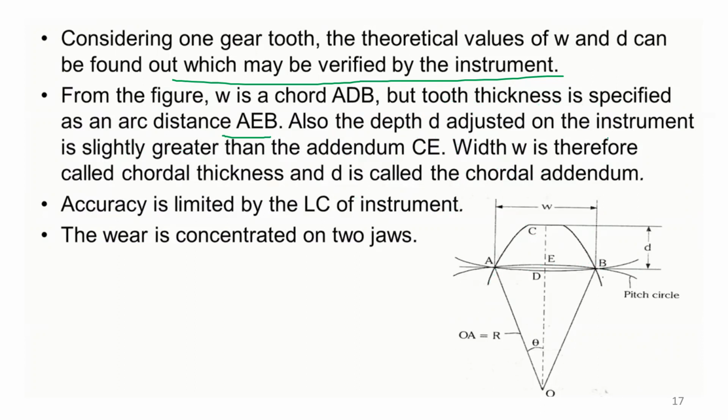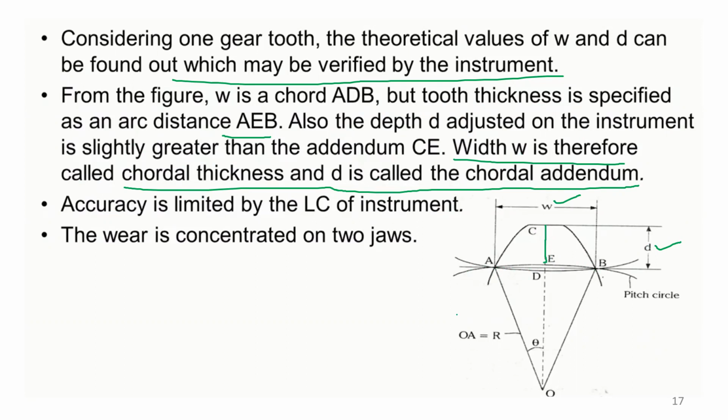Also the depth D adjusted on the instrument is slightly greater than the addendum CE. So this is CE, but whatever measurement you make with the gear tooth vernier calipers is slightly larger than the addendum value. Width W is therefore called the chordal thickness and D is called the chordal addendum.